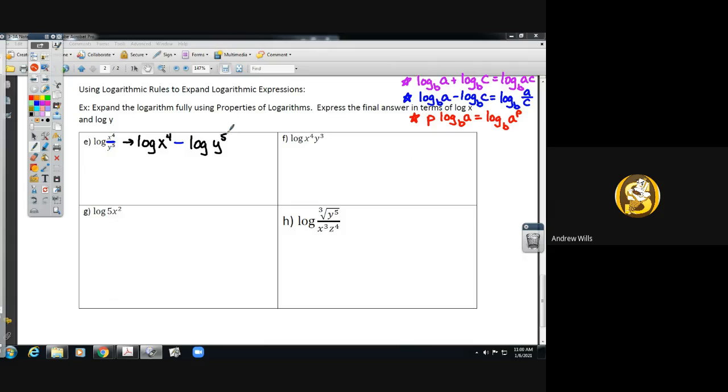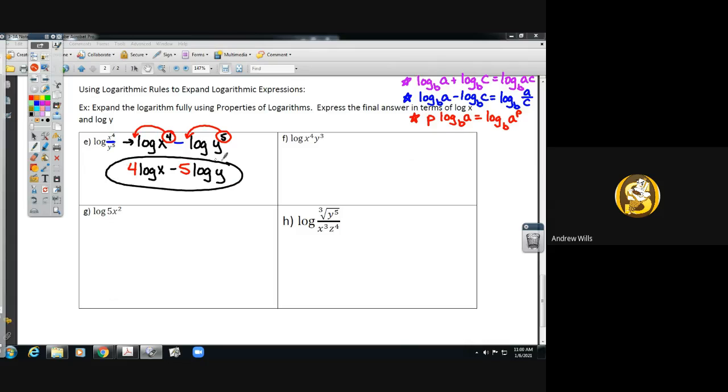Then the only other thing we can do is both of these expressions contain an exponent. So we're going to grab those exponents and move them out in front of the logarithms. So our final step here would be 4 times the log of x minus 5 times the log of y.